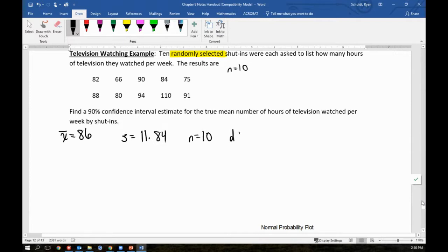So degrees of freedom would be what? 9. Which means for our T critical value we need 9 degrees of freedom. And how confident do we want to be? 90%. If we look for that T critical value, what would that be? 1.833?